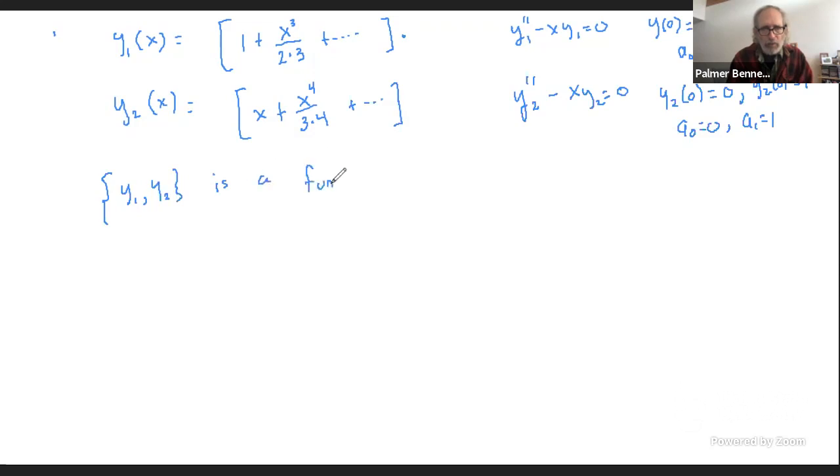Because the Wronskian at 0 is not equal to 0. W at 0 is y1 y2 prime minus y1 prime y2.